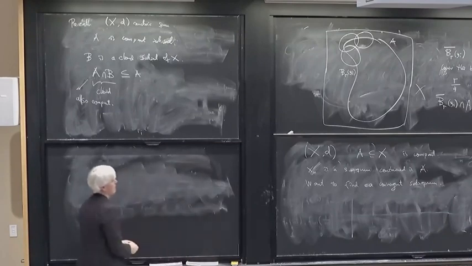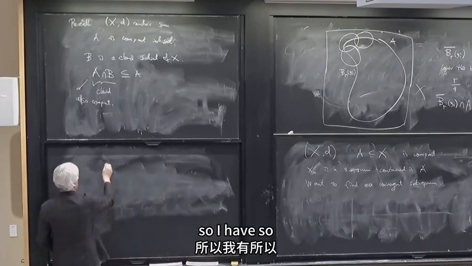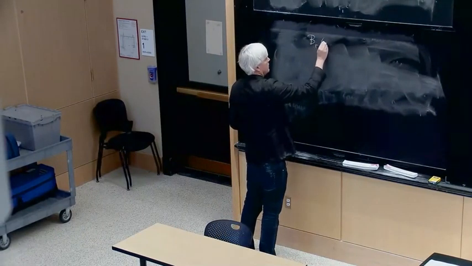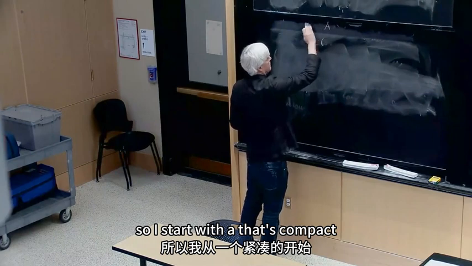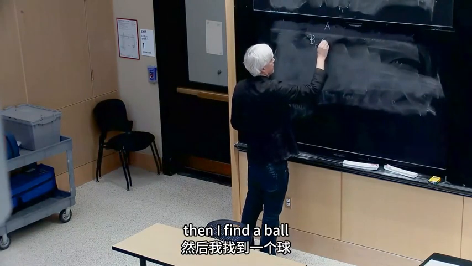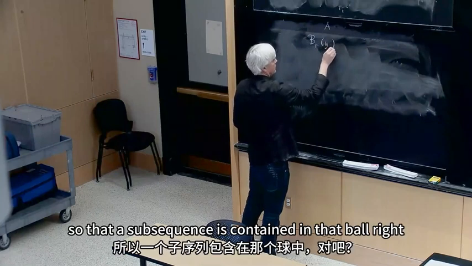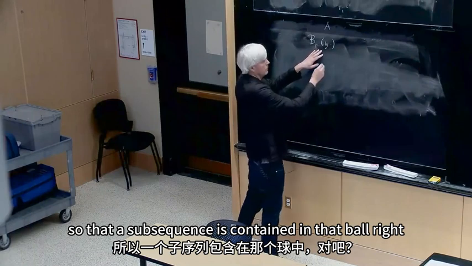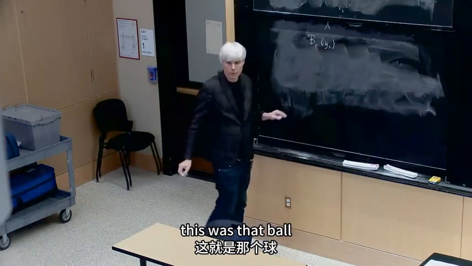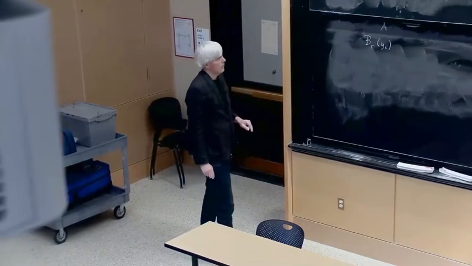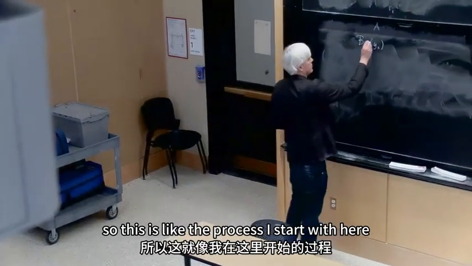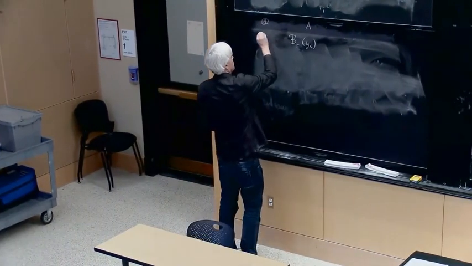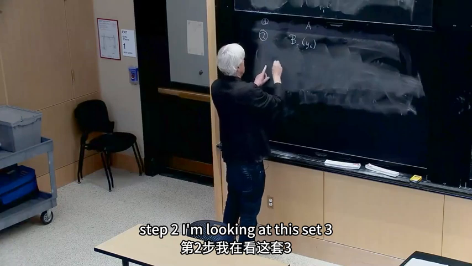So I start with A, that's compact. Then I find a ball so that a subsequence is contained in that ball, right? This was that ball. So this is like the process I start with here. This is step 1. Step 2, I'm looking at this set.